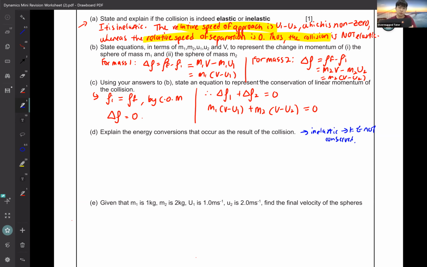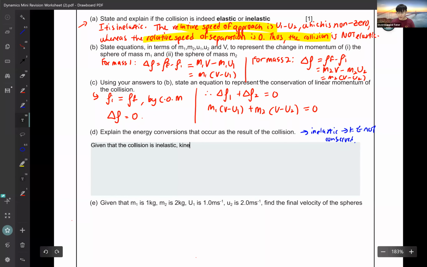So the answer for this will be, given that the collision is inelastic, kinetic energy is not conserved for the system.